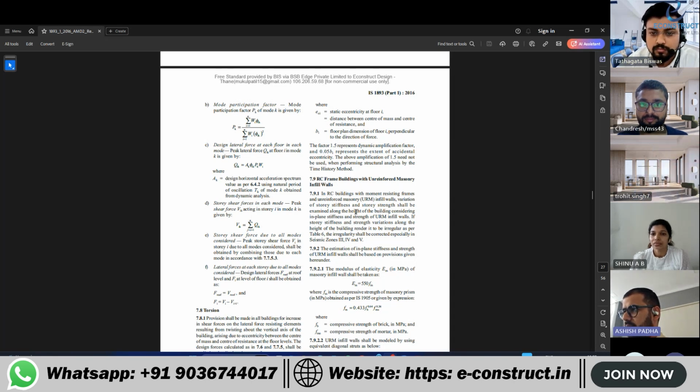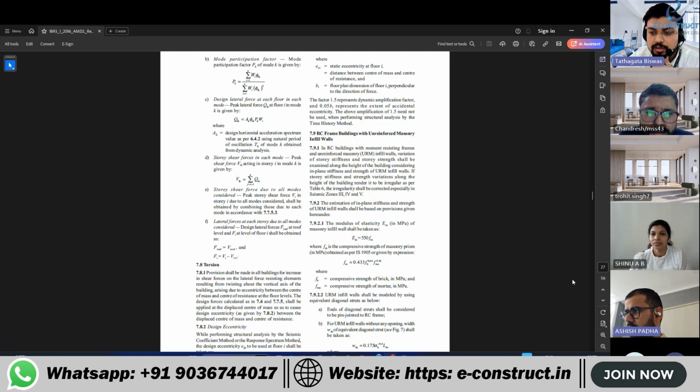The factor 1.5 represents dynamic amplification factor, and 0.05 represents the extent of accidental eccentricity. The above amplification of 1.5 need not be used when performing structural analysis by the time history method. Okay, so this amplification is only allowed for response spectrum method.